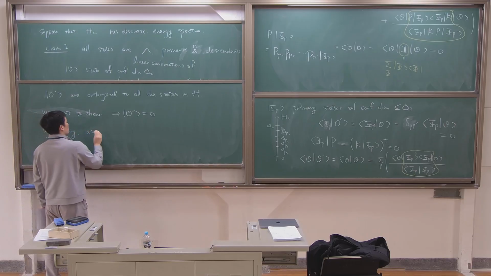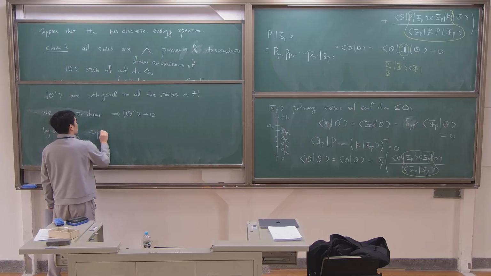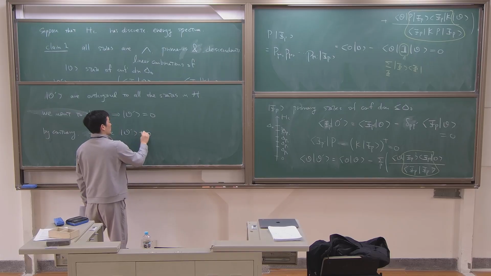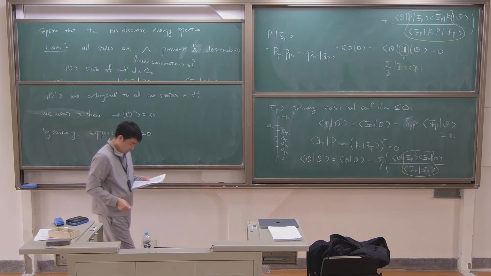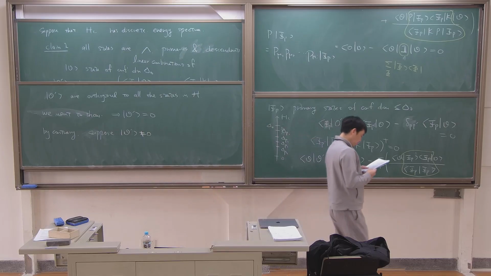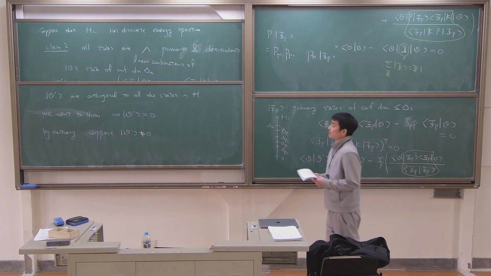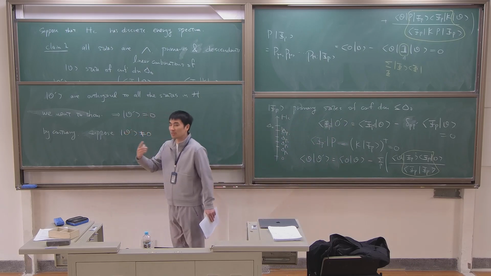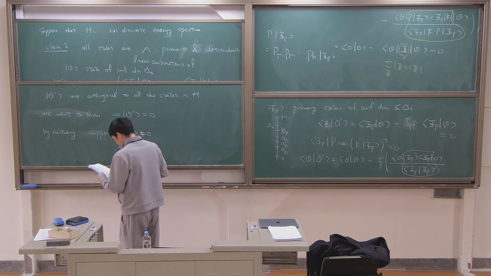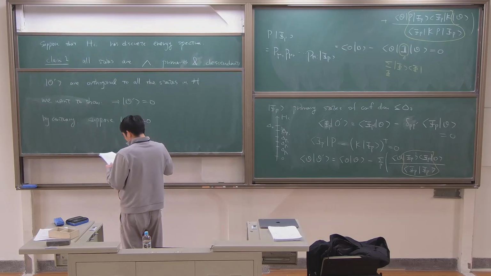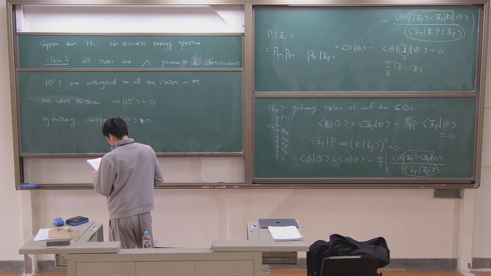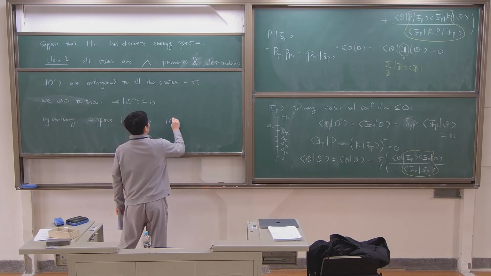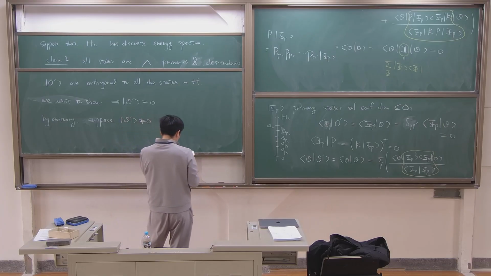Assume, suppose O prime is not equal to 0, some non-trivial state. It's contrary, and we want to see some contradiction.